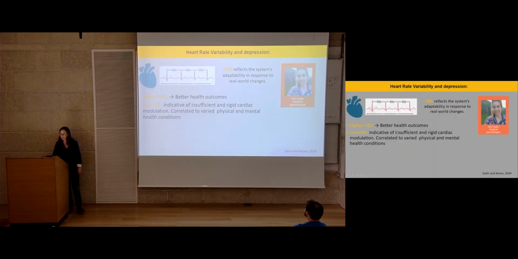I'll just give a quick explanation and a reference to go to: this is a small review that we just published in the lab that talks about this interaction between HRV specifically and depression.